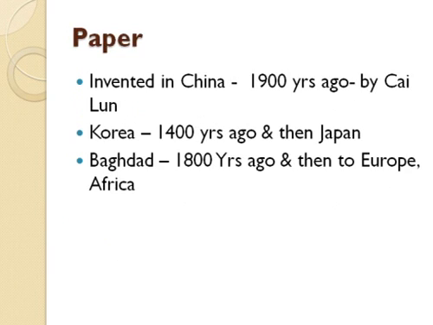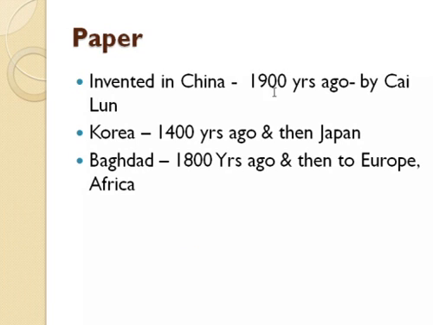Let me tell you an interesting story about the invention of paper. As we saw in all chapters of history, at the end of it there is an international scenario that comes up. So here, what comes up is the invention of paper. It is very interesting to know that, similar to silk, paper was also invented in China, and they kept it secret for a very long period of time.